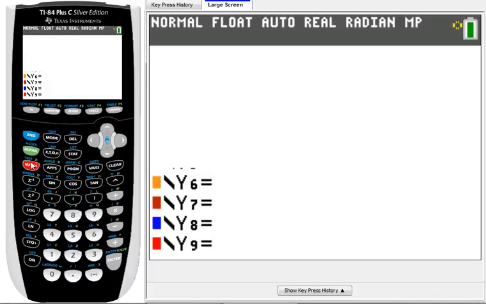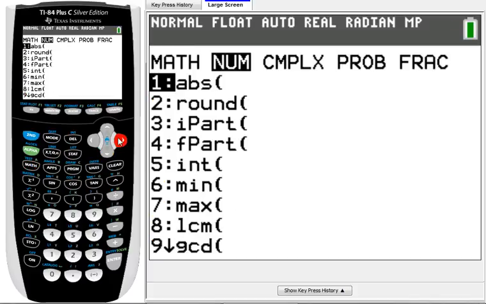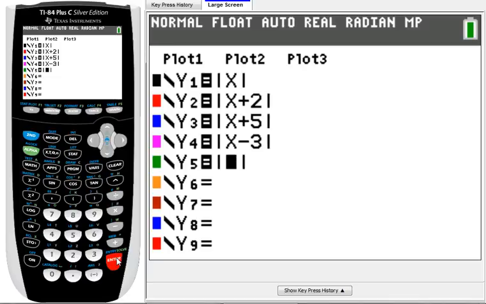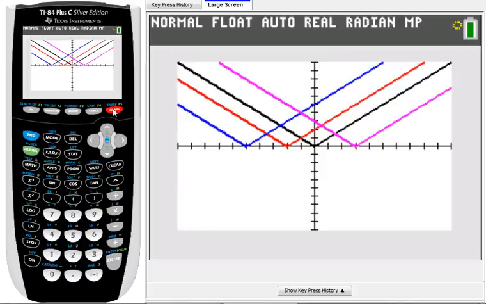We go to math, over, so we see our absolute value, and then we want x minus 4. And so this graph in green, as you can see, is right there. So again, pause the video and write down what you see as the difference between the black equation and the green equation, and then we're going to look at all four, what you wrote down.